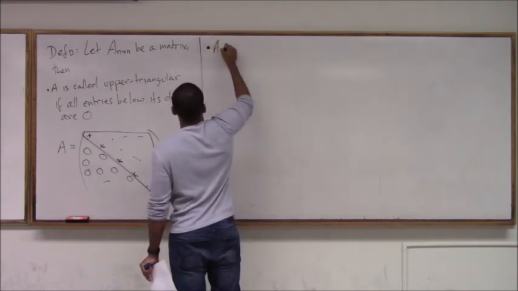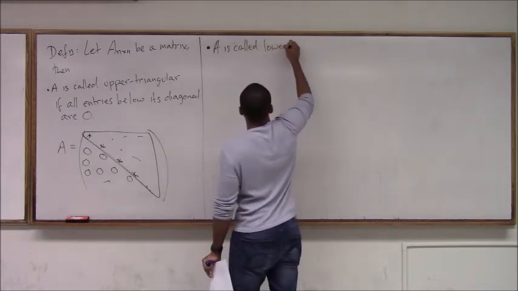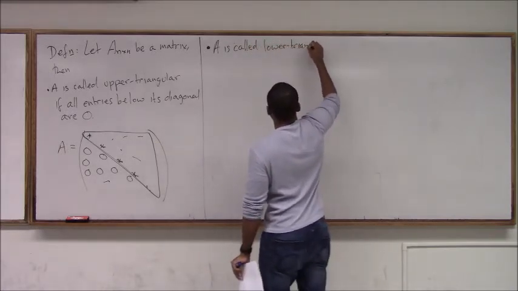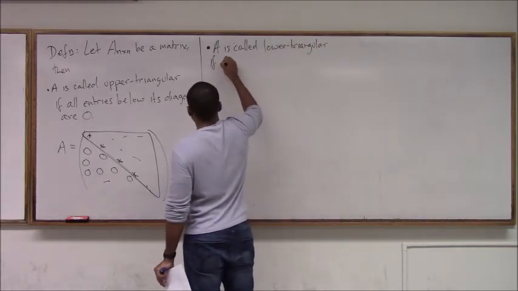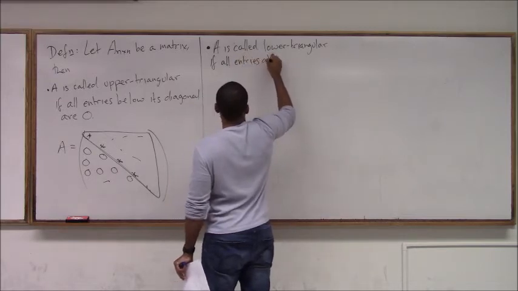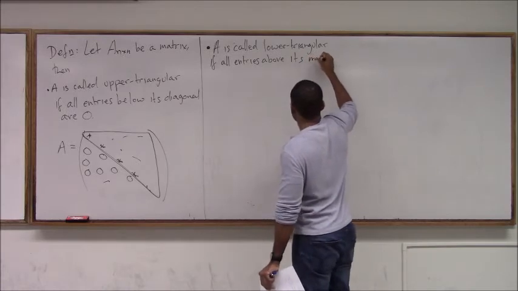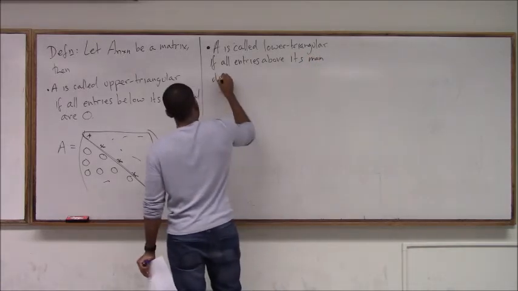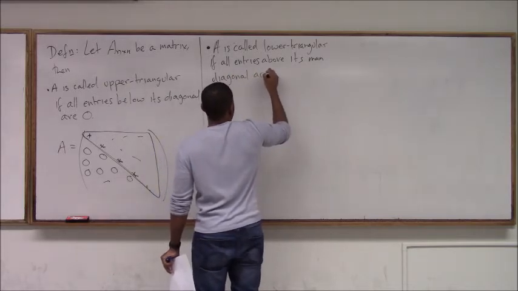Another definition: A is called lower triangular if all entries above its main diagonal are 0.